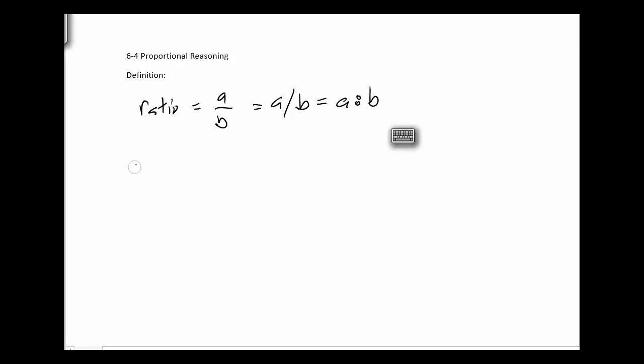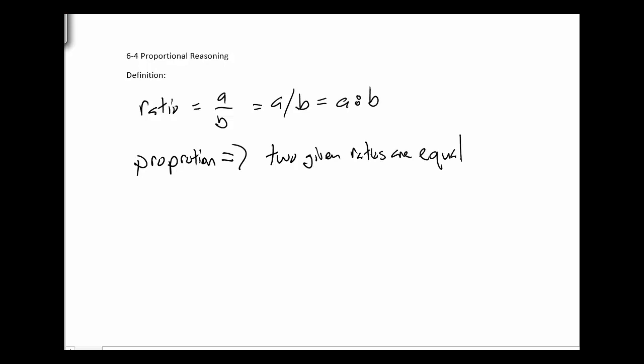Okay, so what we then define as a proportion is when two given ratios are equal. Anytime we set two fractions equal to each other, we're saying we've got some sort of proportional relationship.